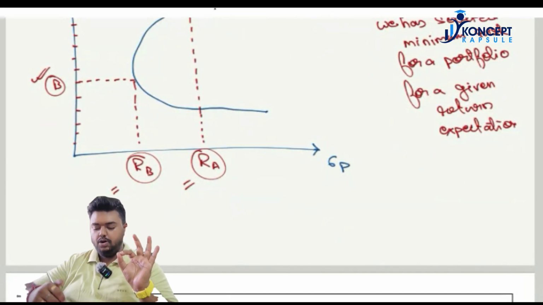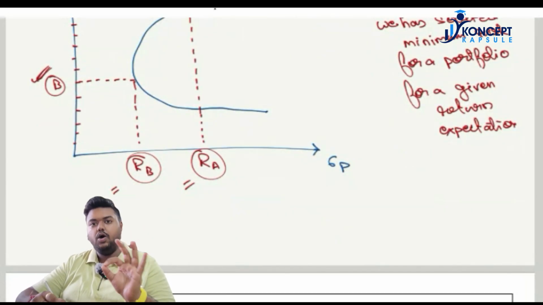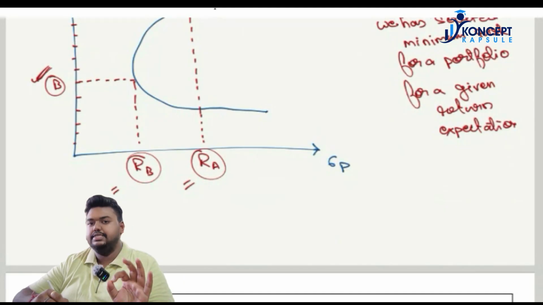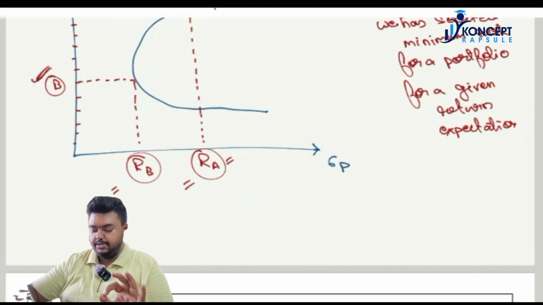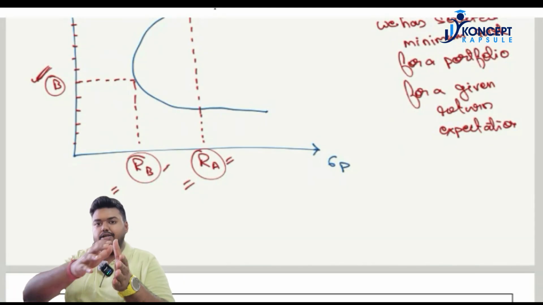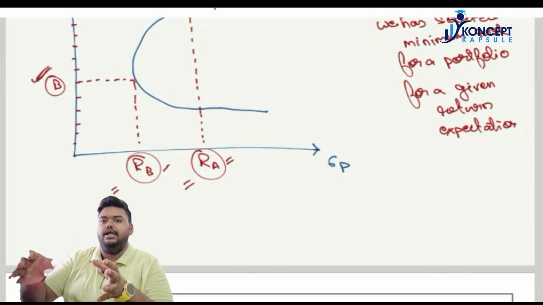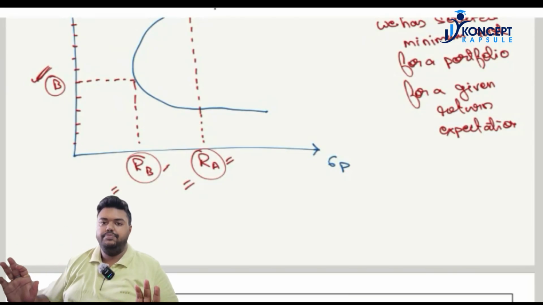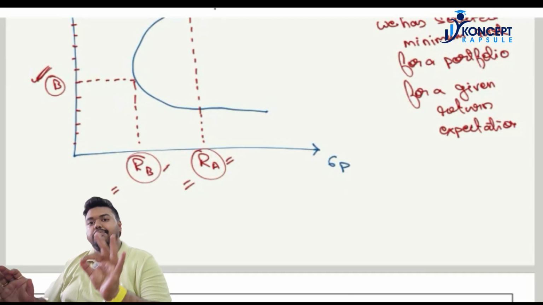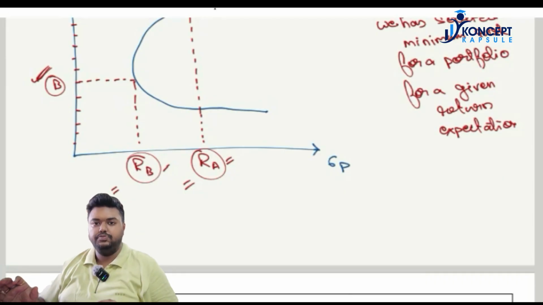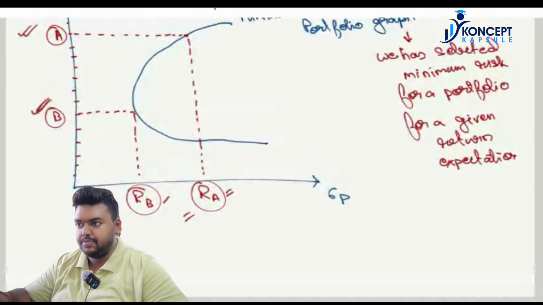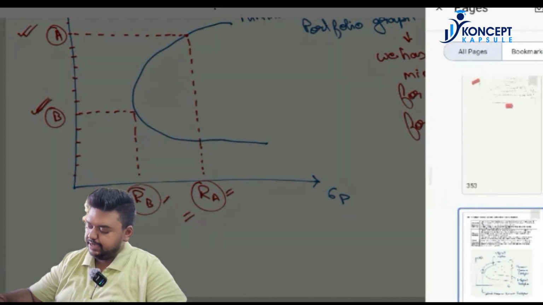If you expect to take a risk lower than RA or RB and earn a return of A and B, it is not possible. Why? Because we are already at the minimum variance portfolio. Guys, I hope this is making sense to you.